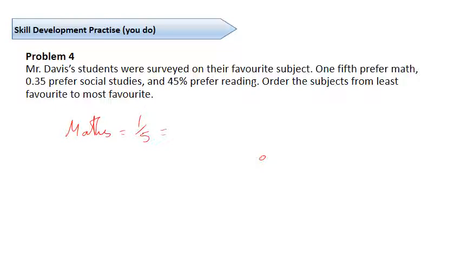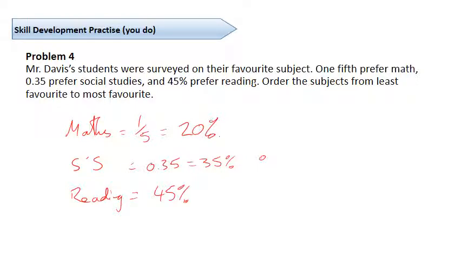Let's just go straight and convert that to a percentage. 20% is 20 over 100. 0.35 prefer social studies. 0.35 is 35%. And 45% prefer reading. And we need to order the subjects from least to favourite. So let's have a quick look here. The least favourite is maths.